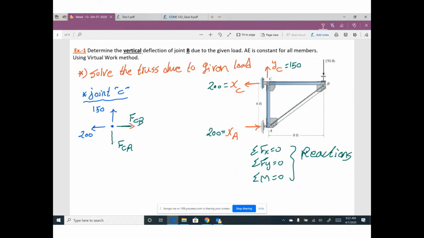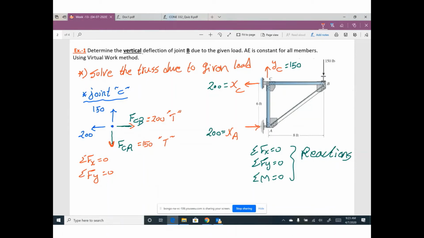I will assume this force is down because I have 150 up, so FCA will be down. If you apply summation of Fx equals 0 and summation of Fy equals 0 for this joint, I can figure out this force will be 200 and this force will be 150. It's very easy, piece of cake. And this force will be tension, and this force will be tension.